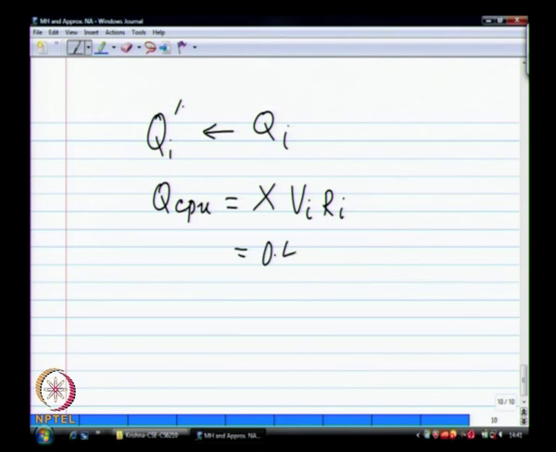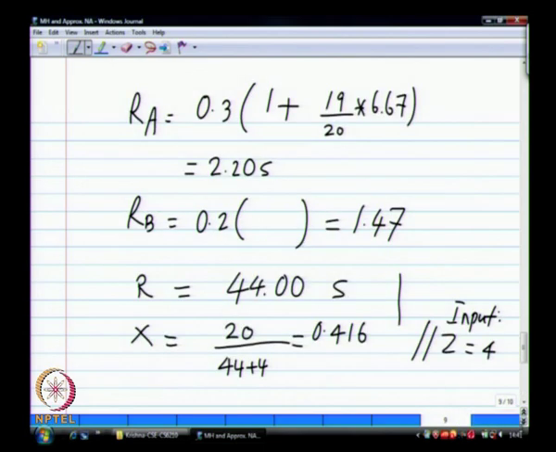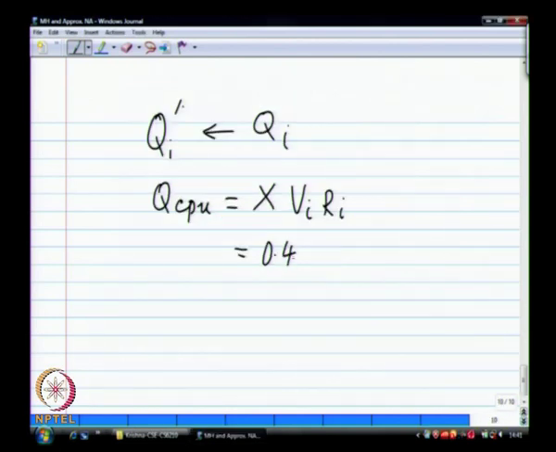So this is 0.416 into 16 into... oh sorry, 6.11. Ri was 0.92. So from 6.67 we have recomputed Q CPU to be 6.11.